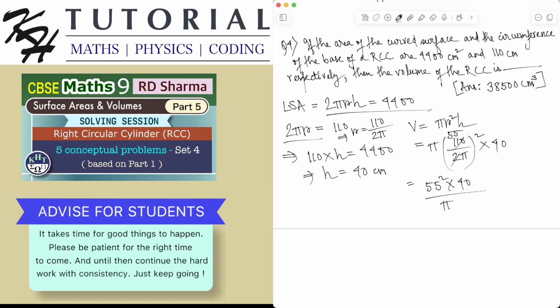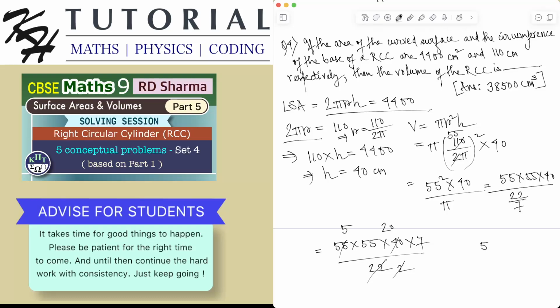Taking pi as 22 by 7, this is 55 multiplied by 55 multiplied by 40 divided by 22 by 7, which is equal to 55 multiplied by 55 multiplied by 40 multiplied by 7 divided by 22. 11 into 11, 5, 2 into 20. So basically it should be 38500 centimeter cube.